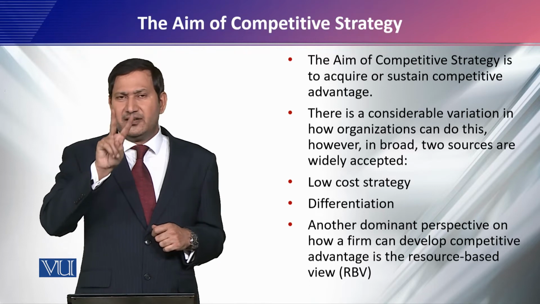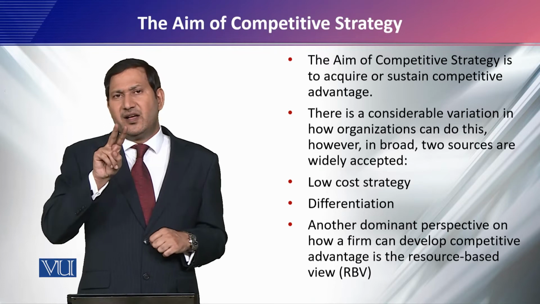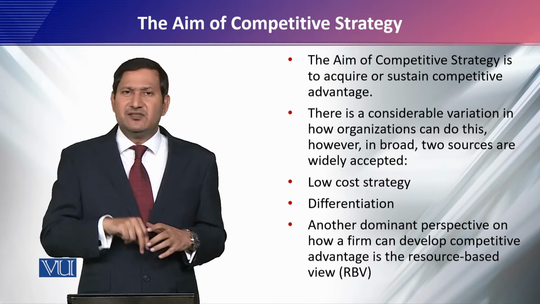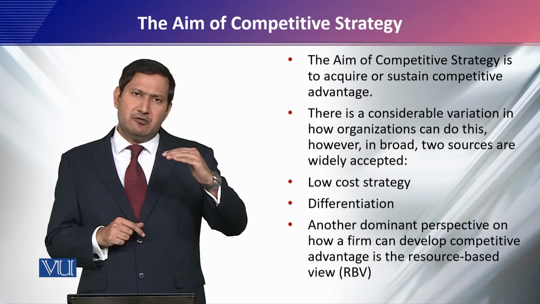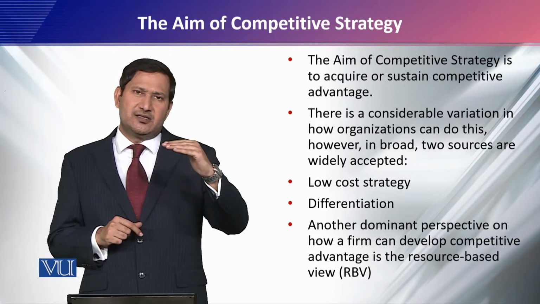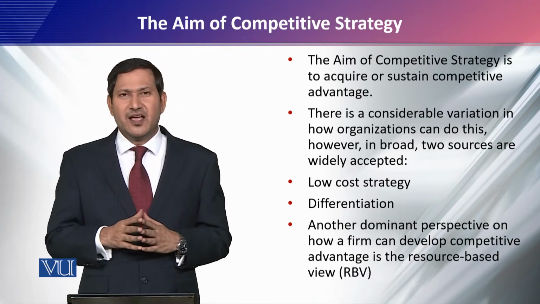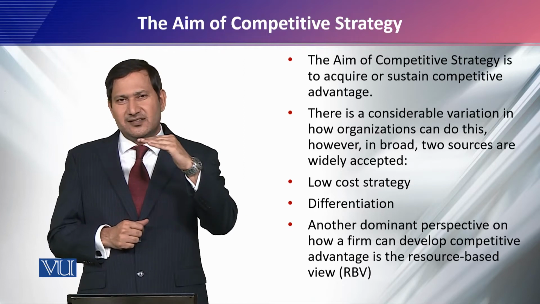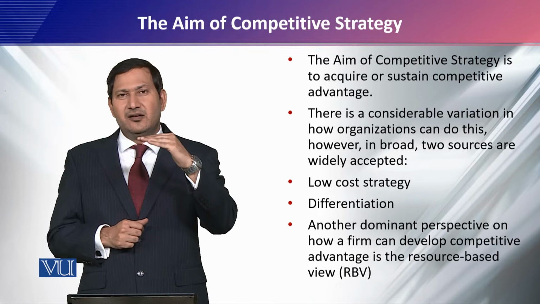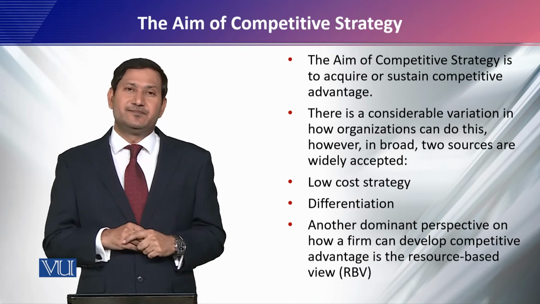He has offered mainly two ways an organization can achieve a competitive advantage. One, you produce something at a lower cost, however, not compromising on quality. If you compromise on quality and produce something at a lower cost, customers will not value your product, because they know that this is a cheaper product and of cheap quality.